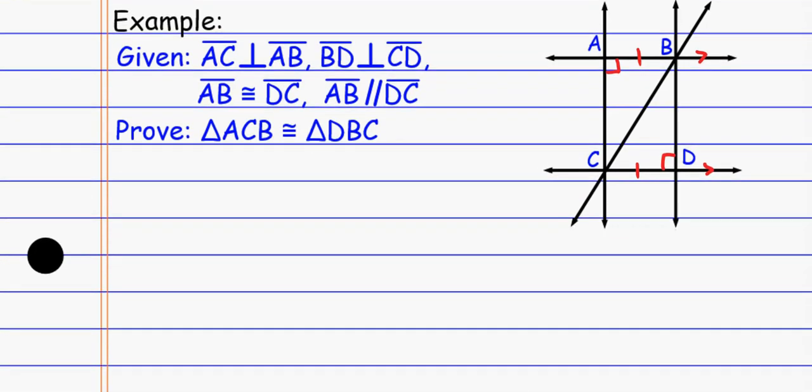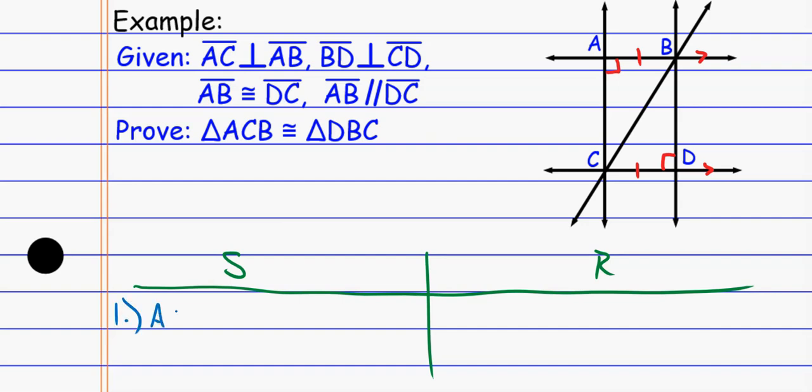Okay, so let's go statements and reasons. Let's talk about what I know. I'm going to start with what I know in terms of what they told me I know. So always start with the given. And you don't have to start with all the given. You can pepper it in as you need it.